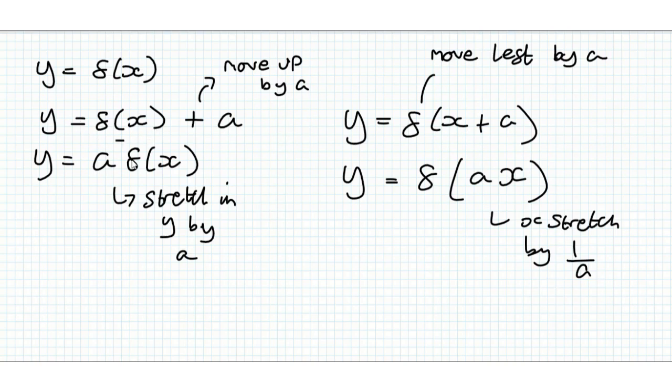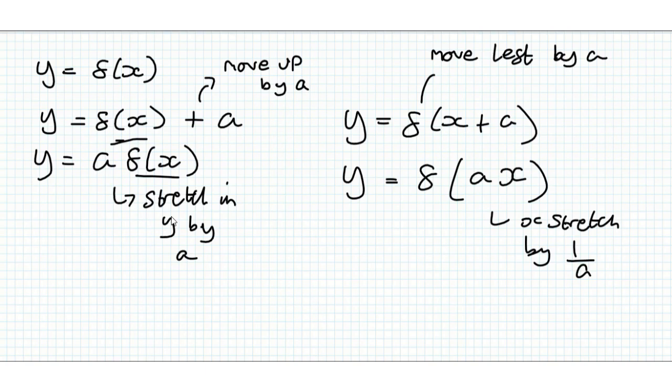then we sort of do what we'd expect. We move up if a is positive, down if a is negative, and when we're multiplying we stretch in y by the magnitude of a.